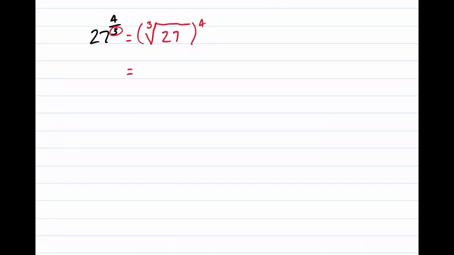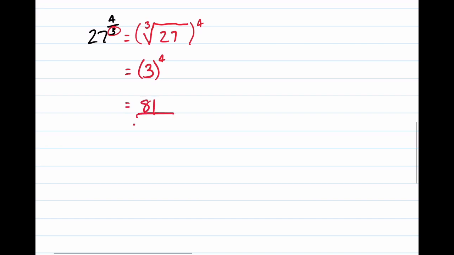The third root of 27 we know is equal to 3. That's inside our brackets, raised to the power of 4. 3 raised to the power of 4 is 81.